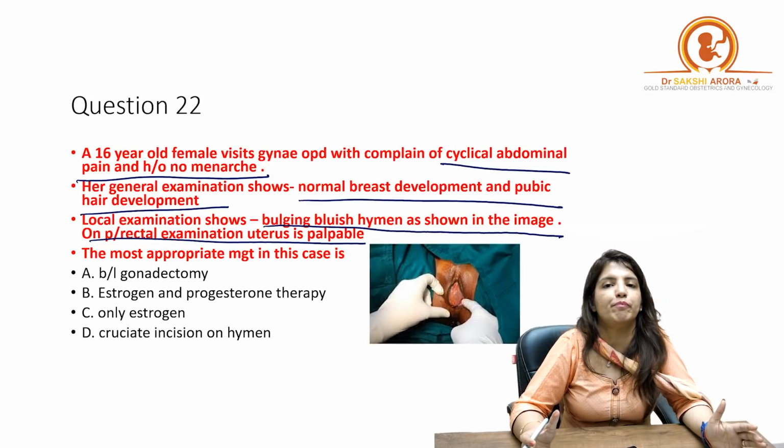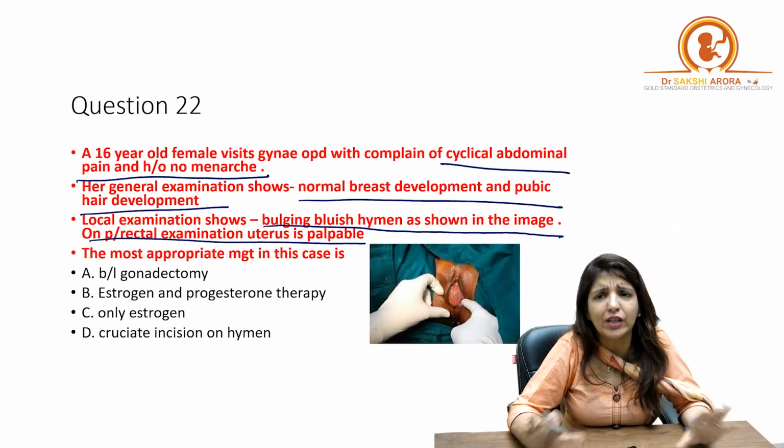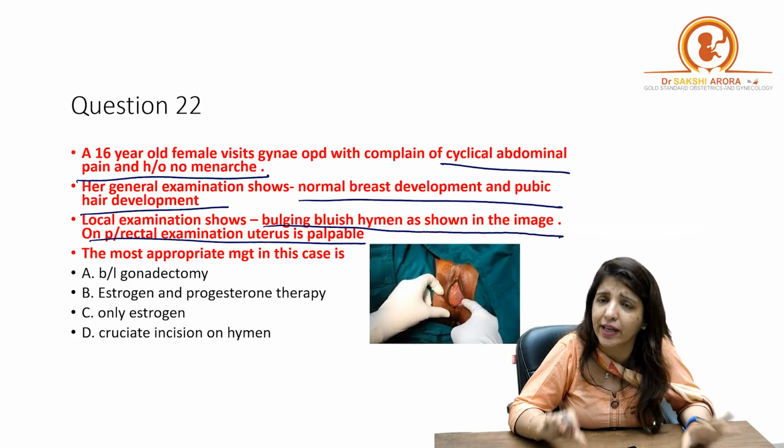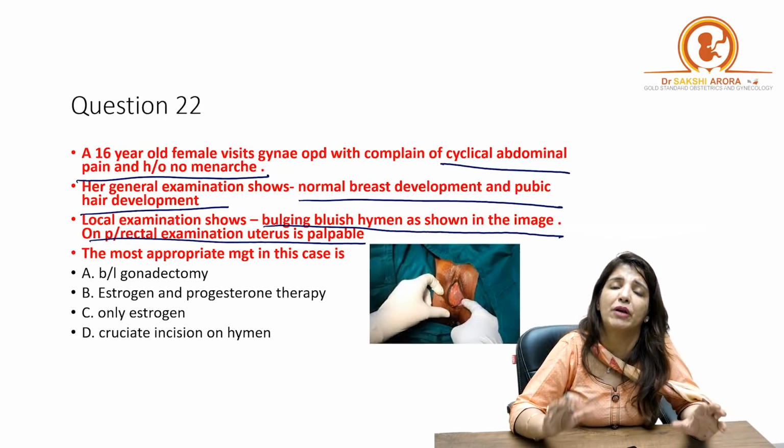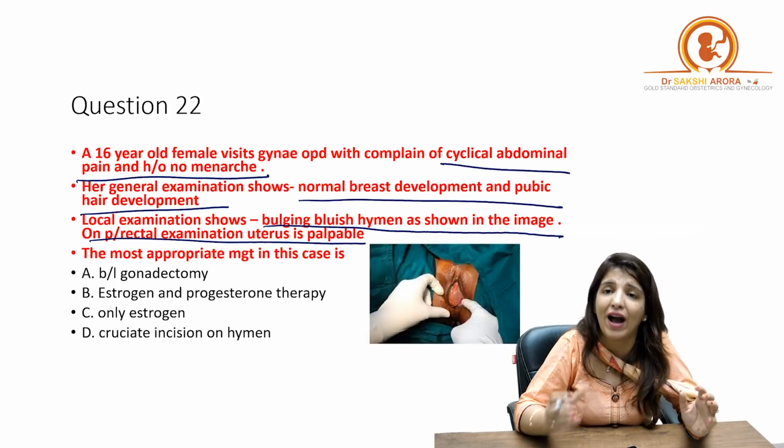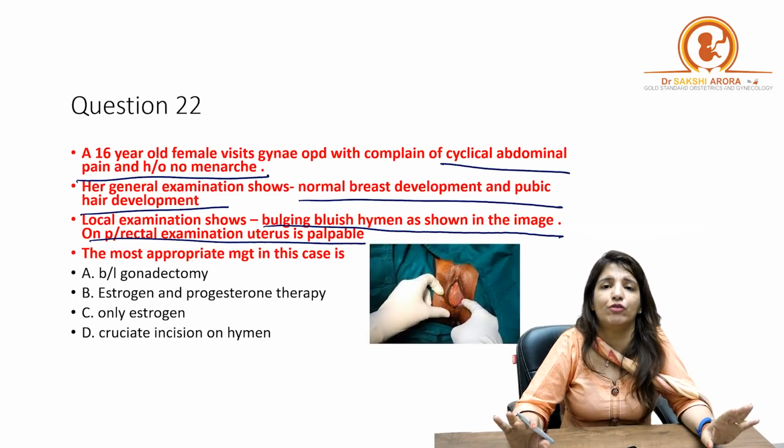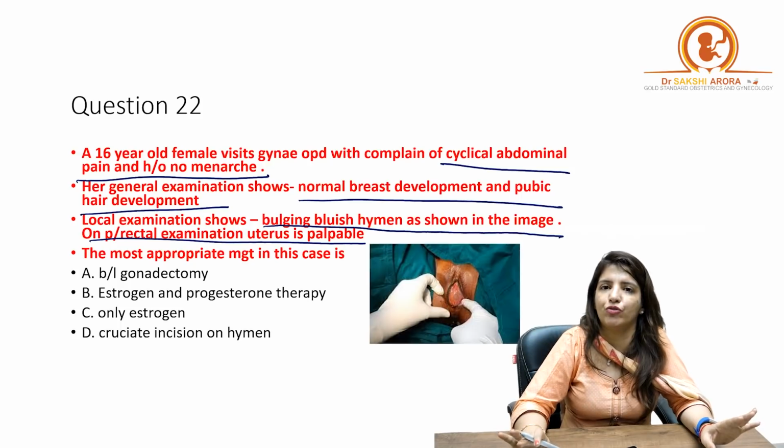In patients of imperforate hymen, everything would be normal. Their secondary sexual characteristics will be normal because the problem is at the level of the hymen. There is no problem at the level of the ovary or the uterus.